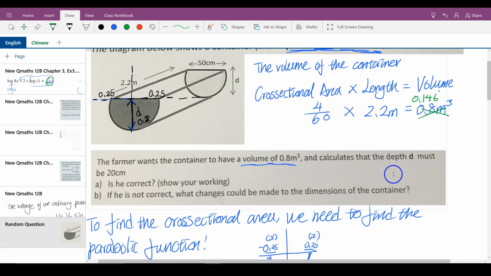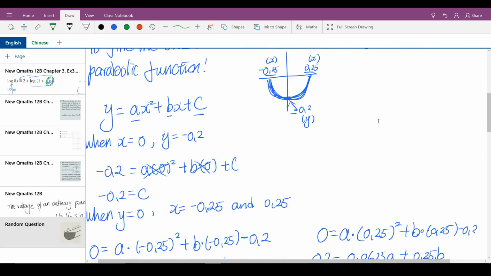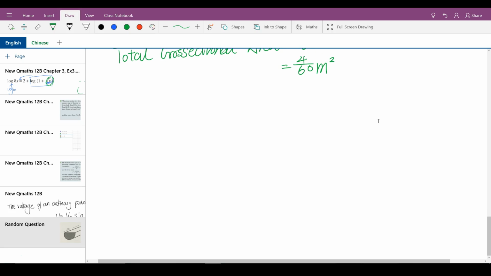So that's the answer for the first question. Is he correct? No, he's not. So let's answer it.